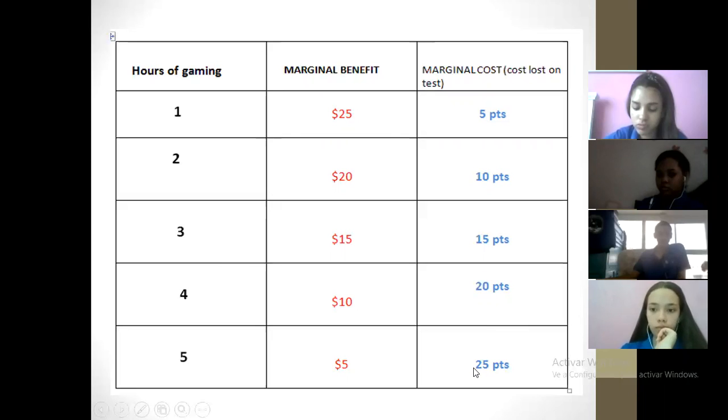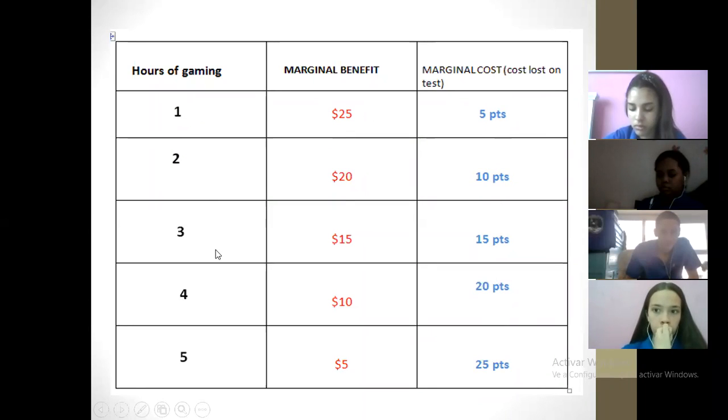Now, after this, you need to create a graphic that tells you, when you compare both, we're gonna call marginal, these are gonna be the lines, marginal benefits and marginal costs. And this one is gonna be my X. And these two columns are gonna be my Y's.